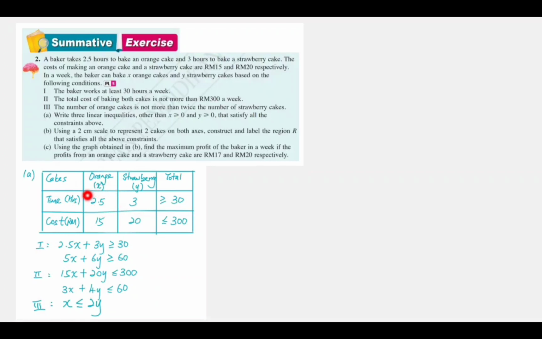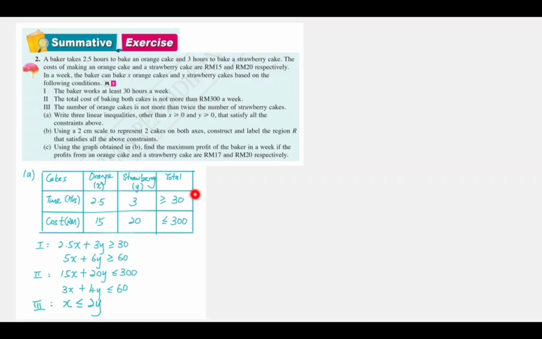We need 2.5 hours to bake an orange cake and 3 hours to bake a strawberry cake, and the total time must be at least 30 hours, so it must be greater than or equal to 30. Then the cost, 15 ringgit for an orange cake and 20 ringgit for a strawberry cake. The cost is not more than 300, so it must be less than or equal to 300.